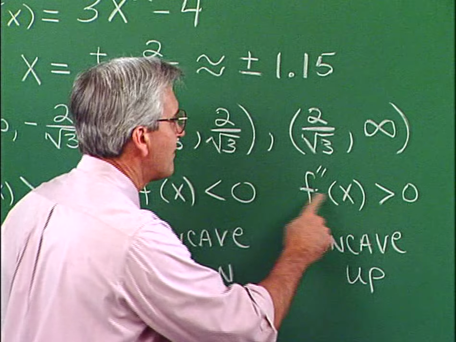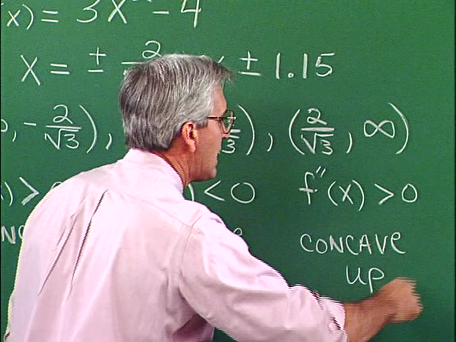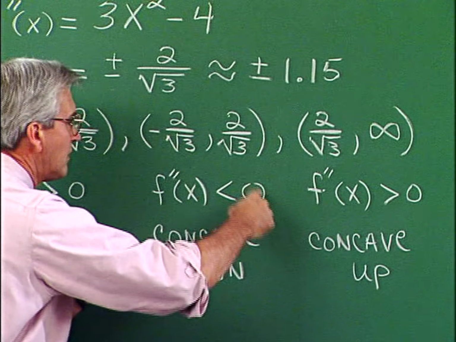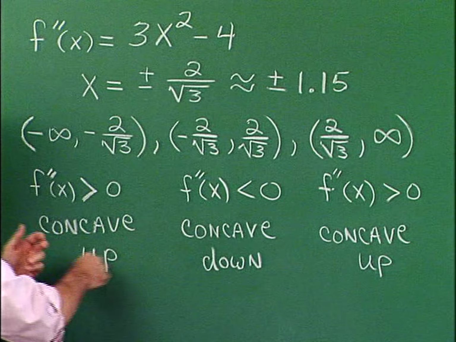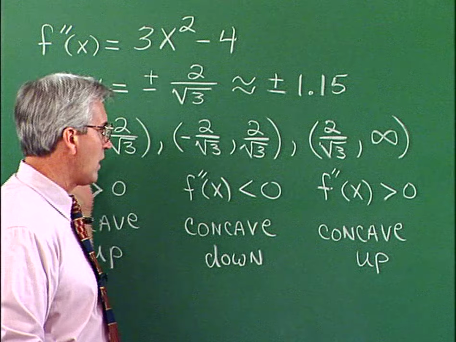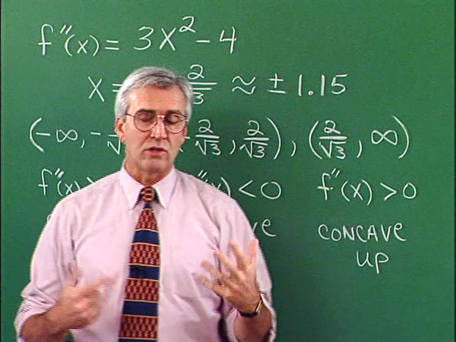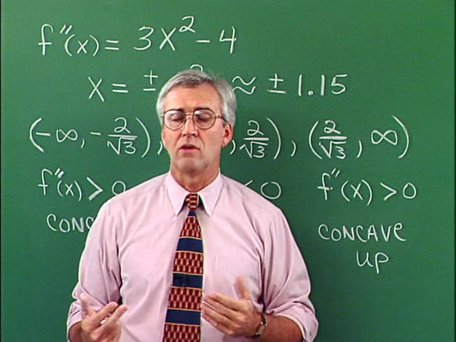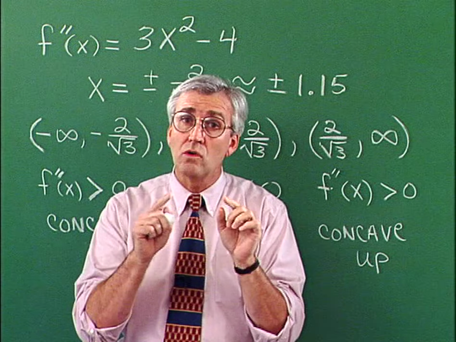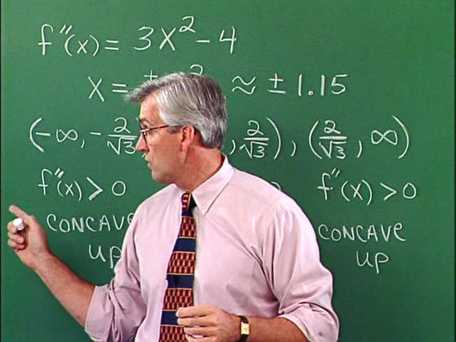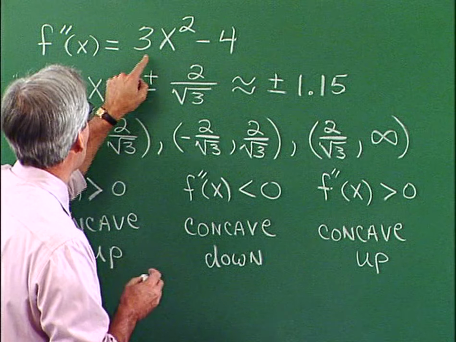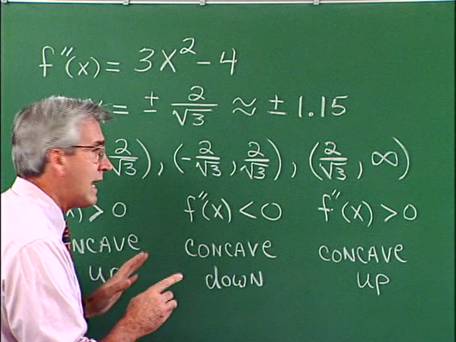Rather than finding the intervals and going through this whole process of determining concave up and concave down beforehand, we could just take those candidate points, the 0, -2, and 2, and pop them into our second derivative function.